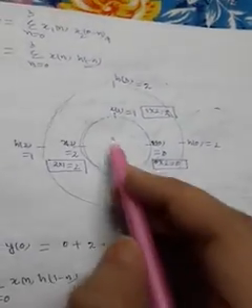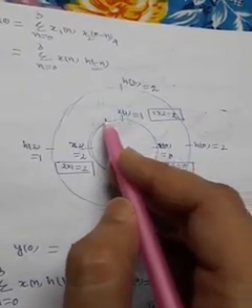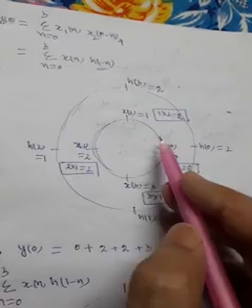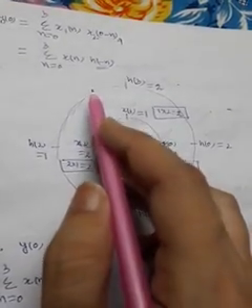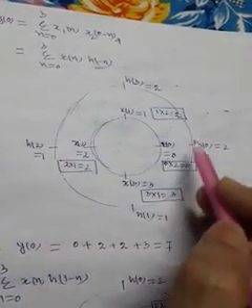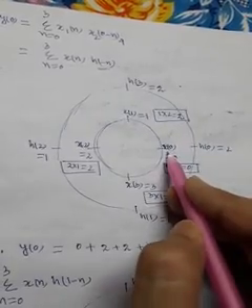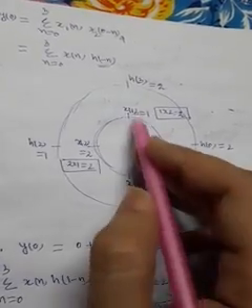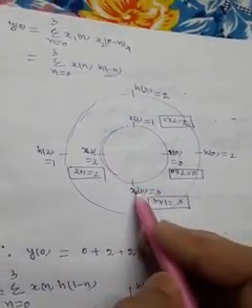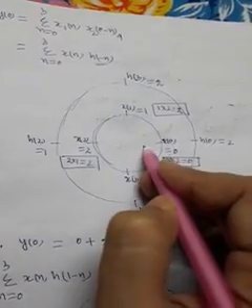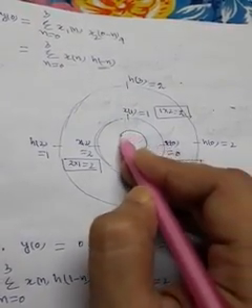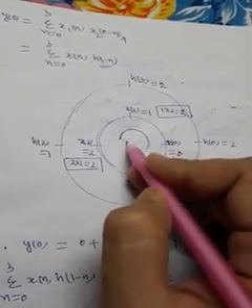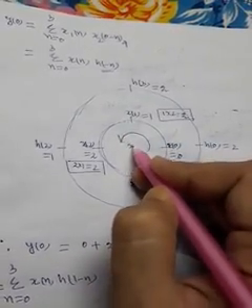So first of all we have drawn the x circle inside and the h circle outside. Here we have represented x0, x1, x2 and x3 in anti-clockwise direction for x(n).